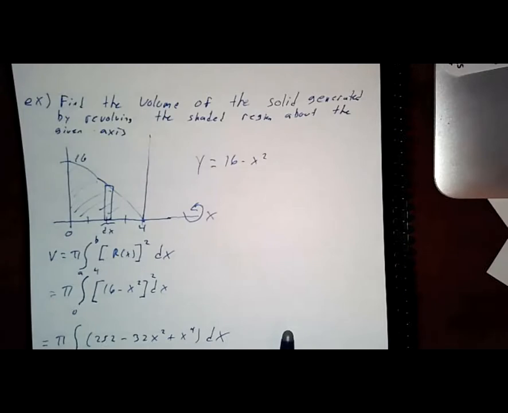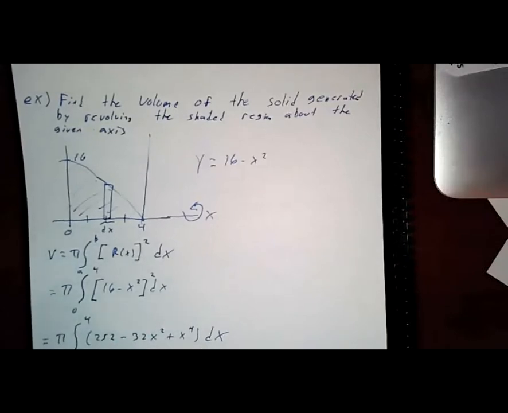Okay. So we'll just integrate that from 0 to 4 and we're good. So that'll give us pi times 252x minus 32 thirds x cubed plus 1/5 x to the 5th.